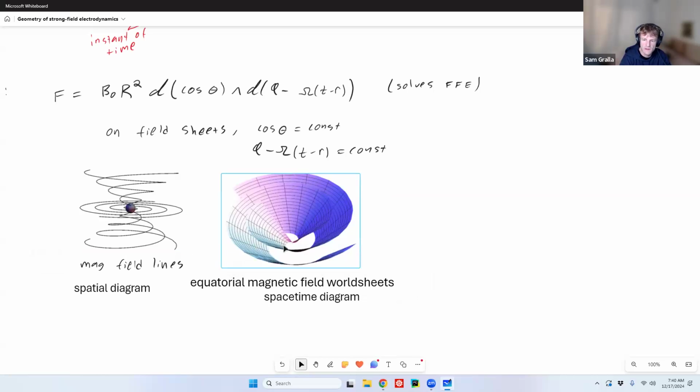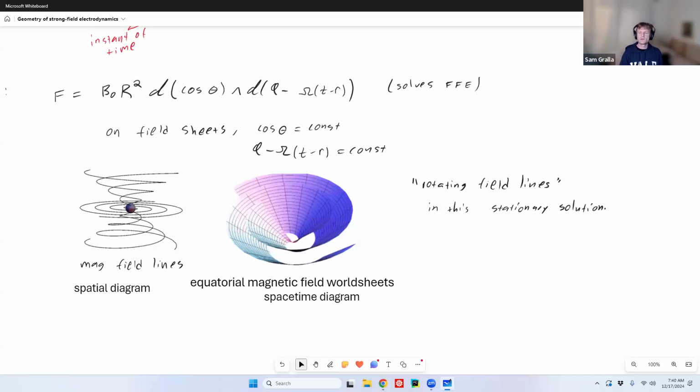But you can see that the field lines are rotating, right? As you go higher up, they're kind of rotating around. Actually, because it's a 2D manifold, there's ambiguities. You can identify different field lines at different times in different ways. But I think rotating is the easiest way to think about the time evolution of these field lines. And so there's rotating field lines in this stationary solution, which when I first saw people saying this, it kind of threw me for a loop because nothing is changing.